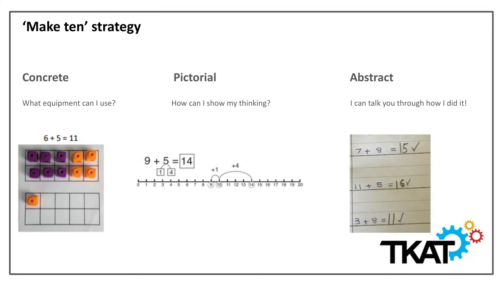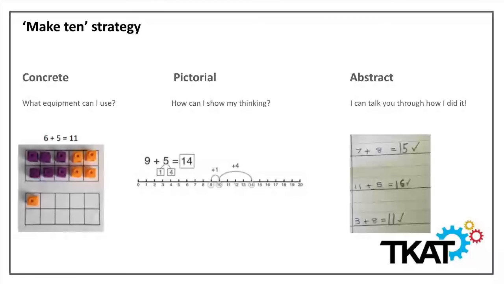They then use a different colour cube for the number 5. In order to make 10, the children partition 5 into smaller parts. These parts are 4 and 1. The 4 joins the 6 to make 10, and the 1 is placed in a new 10 grid. The empty spaces on the first 10 frame made it clear how many more were needed to make 10.